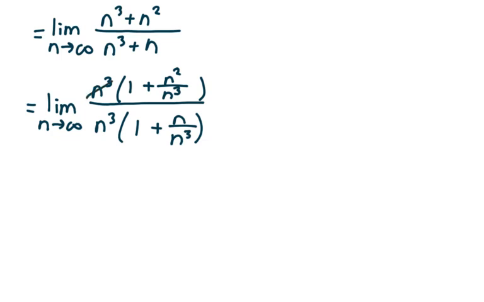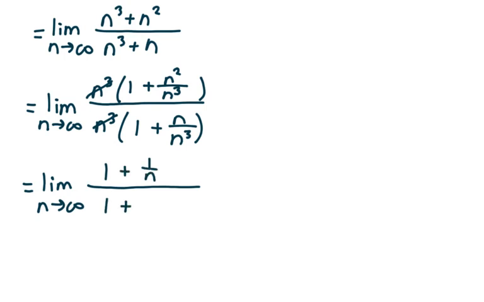Now, the n cubes can cancel. And so this is the limit as n goes to infinity of (1 plus 1 over n) divided by (1 plus 1 over n squared). Now, as n goes to infinity, 1 over n goes to 0. And as n goes to infinity, 1 over n squared goes to 0. And so this is 1.